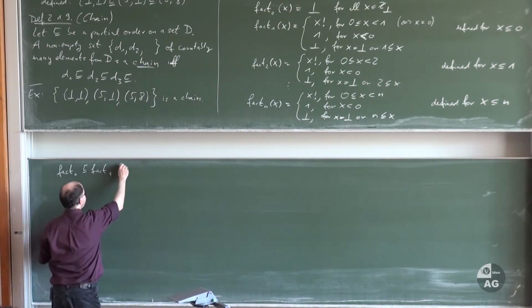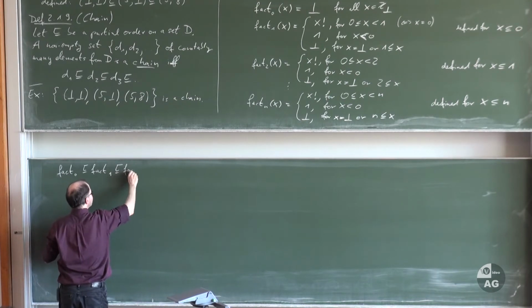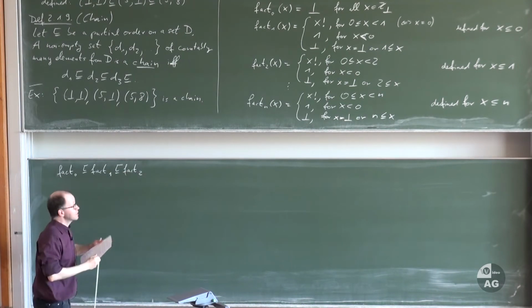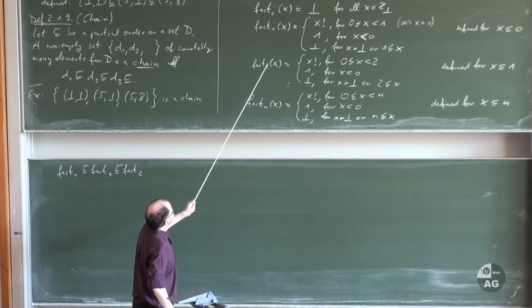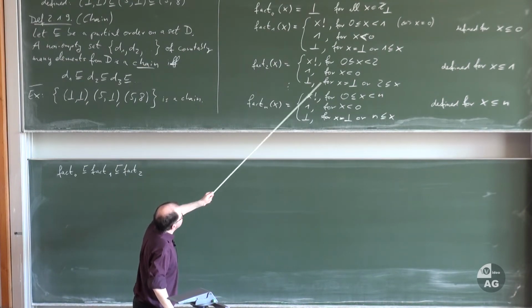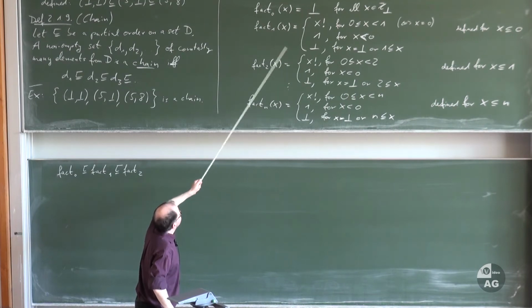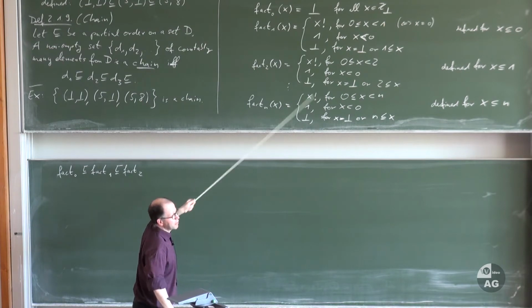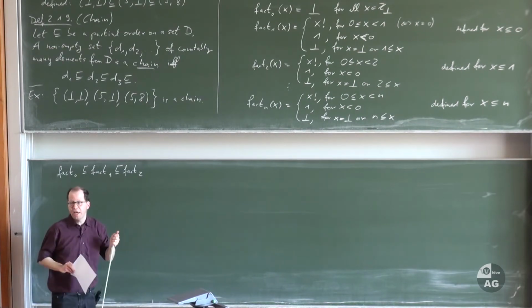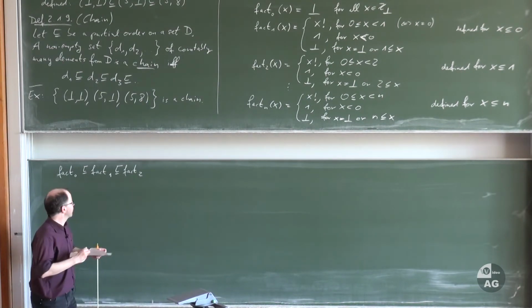Now fact 2, in fact, is almost the same as fact 1. There's only a single argument where they differ, namely the argument 1. Fact 2 of 1 is the factorial of 1, which is 1. And fact 1 of 1 is bottom. So here we have bottom, here we have 1, so this is increasing. And for all other arguments, it remains the same.